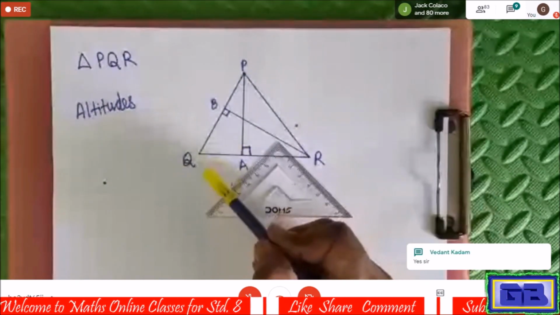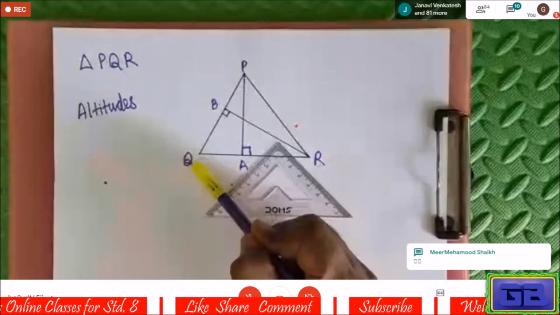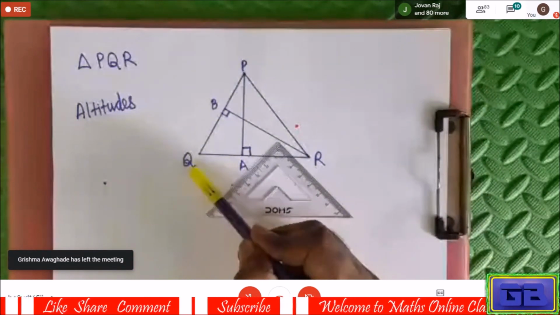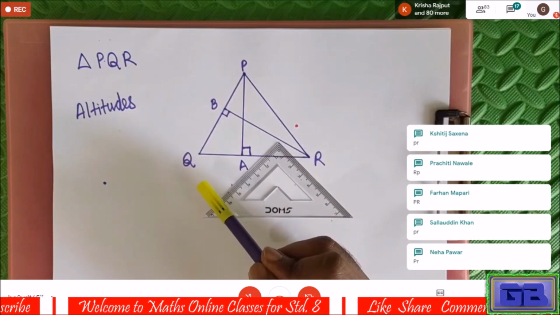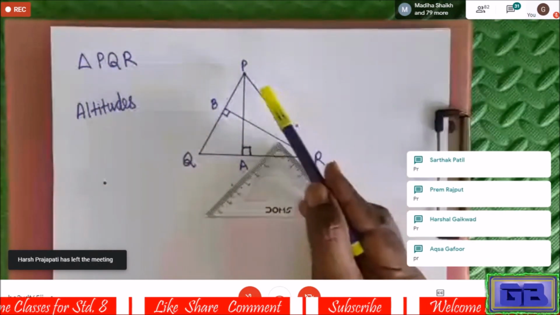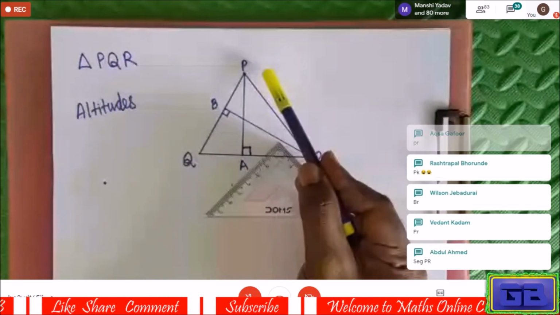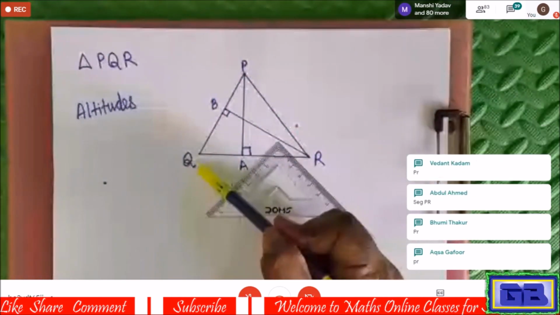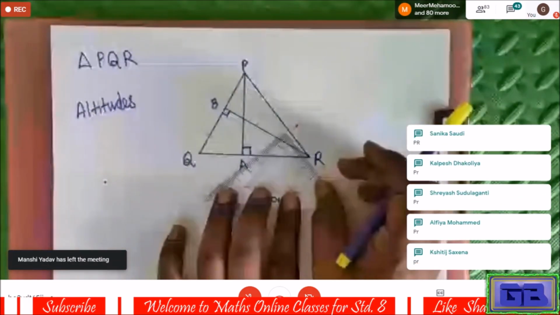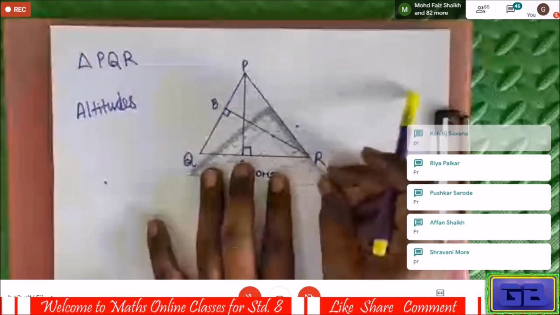Now the third altitude we will draw from vertex Q. Now tell me the opposite side of vertex Q. Yes, your answer is correct. PR or RP. This side is opposite to vertex Q. Hence, you will keep your set square in this way.